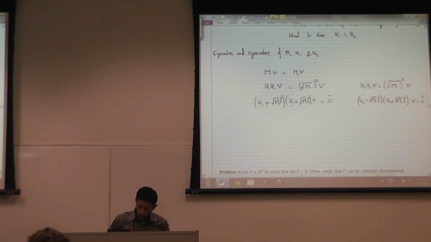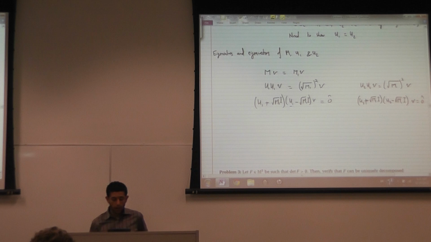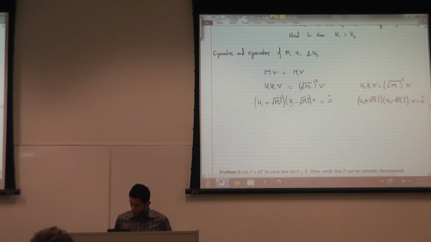I'm going to put the positive here and the negative here, the positive here and the negative here. So this tells me that either negative square root of M1 is an eigenvalue of U1, or positive square root of M1 is an eigenvalue of U1.